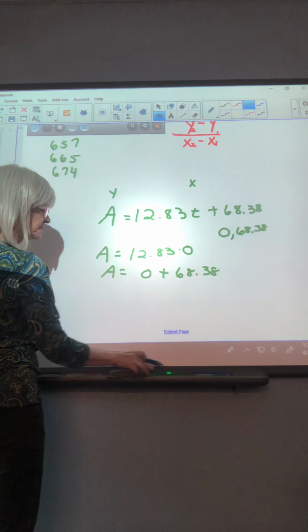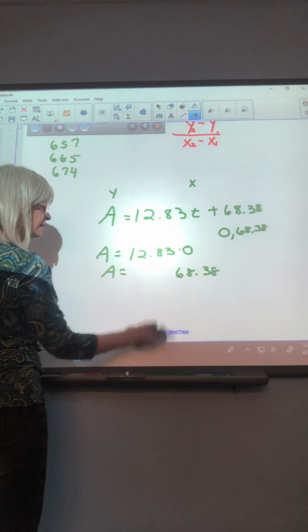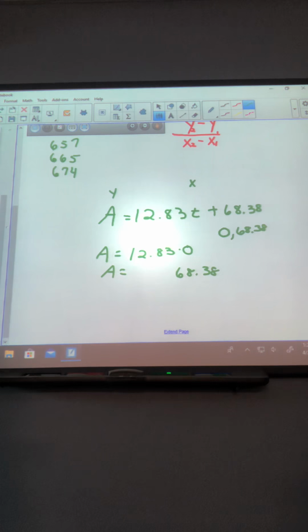So the amount spent then would be 68.38. And that's in billions of dollars.